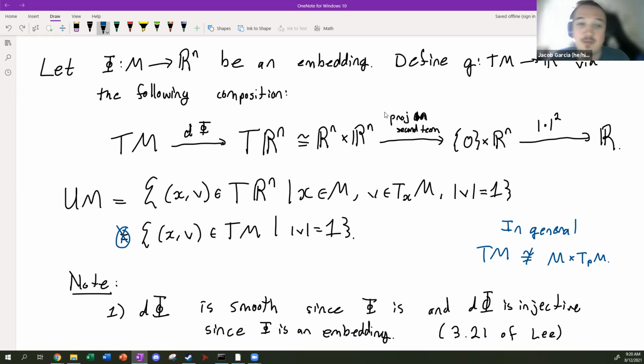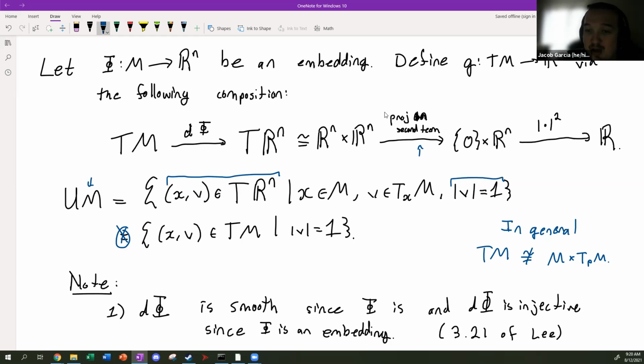We are taking this intermediate step because of the way that UM is defined. When I look at the pairs of points on TRN, I take the norm of just the second coordinate of that ordered pair, and I just want to be faithful to that original definition.